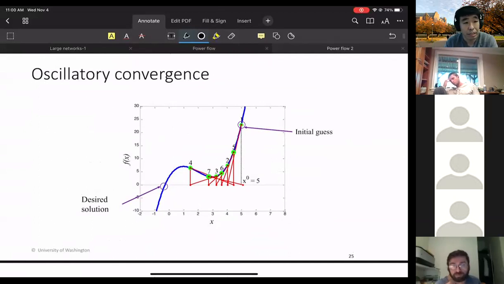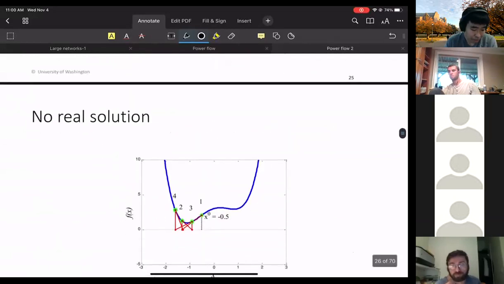This is something we can do, but the oscillatory behavior makes another thing difficult for us. What happens when there's no solution? This blue curve never crosses 0. But there's nothing in the algorithm that detects this.